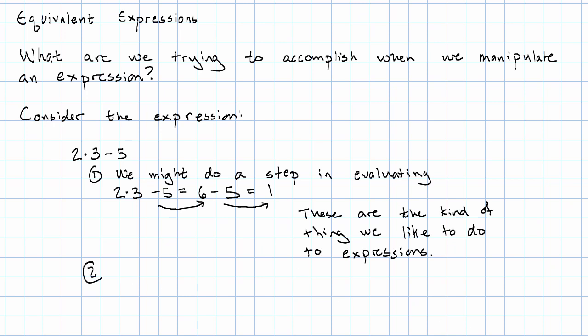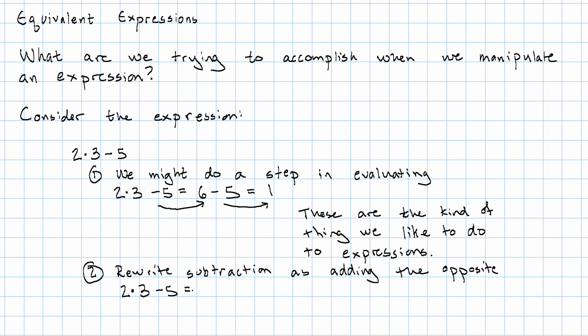Another thing that we might do with this simple arithmetic expression is to rewrite the subtraction as adding the opposite. So we might say 2 times 3 minus 5 is 2 times 3 plus negative 5.